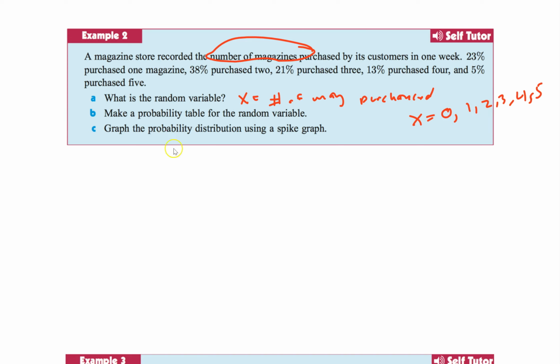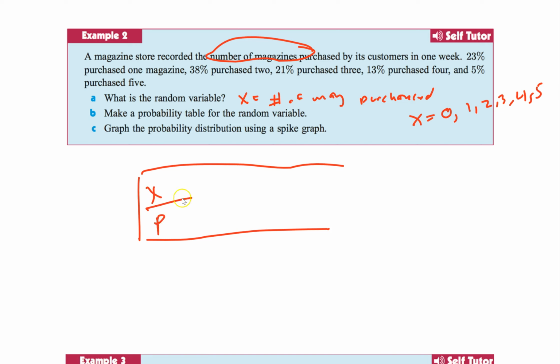Make a probability table to display the random variable. So all we do is this. It's like a normal table with perfect straight lines. And you go X and P. X is the random variable. P is the probability.